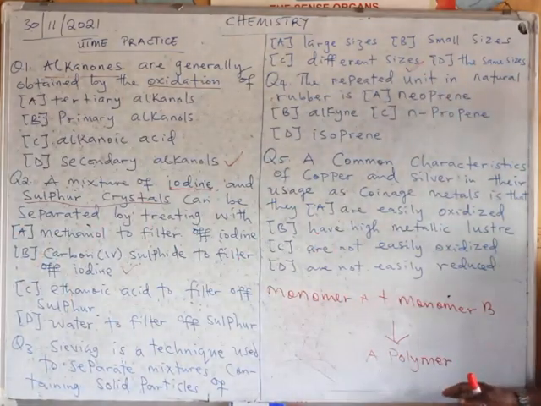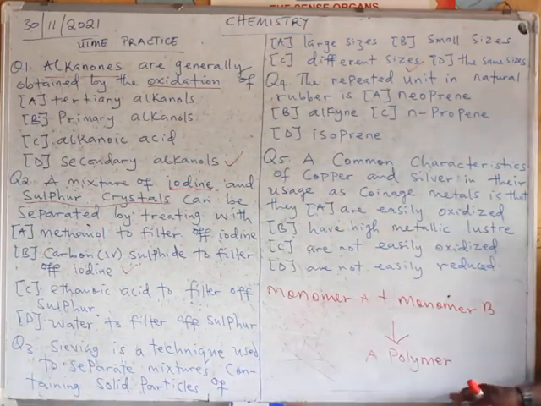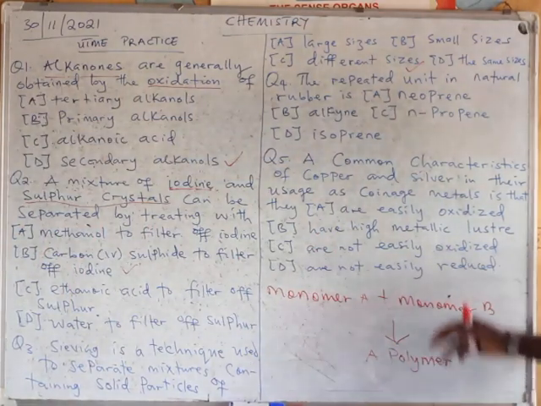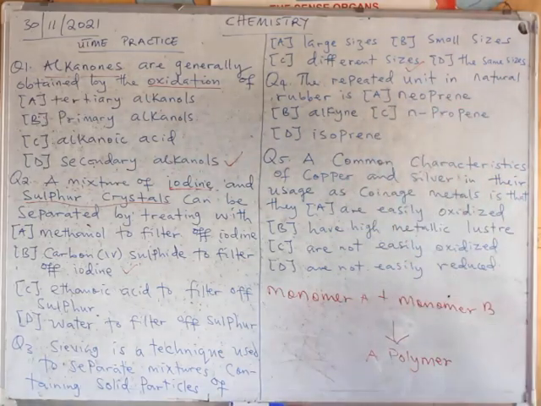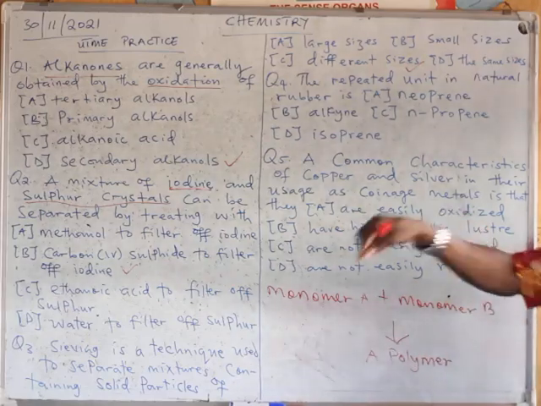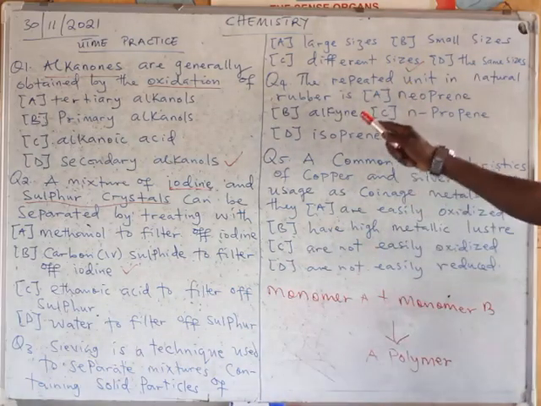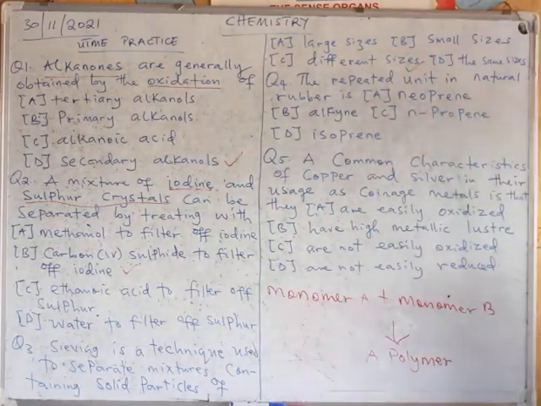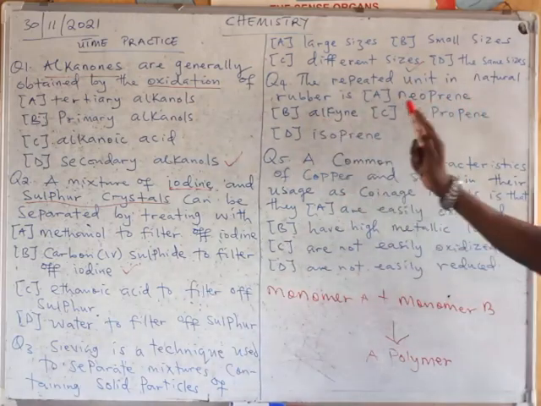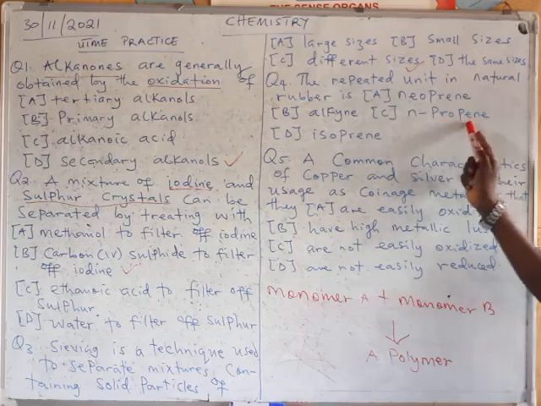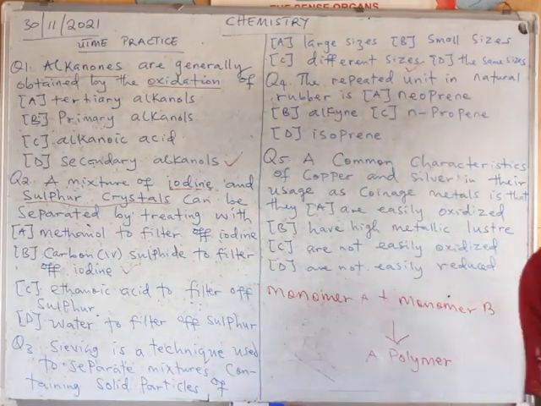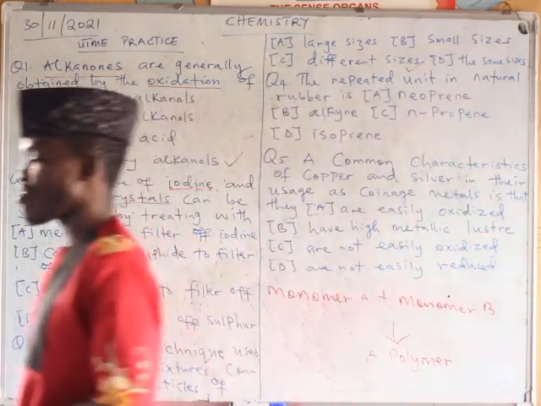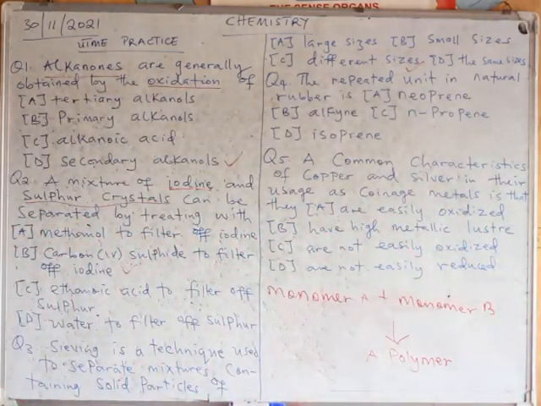Natural rubber is a what? A polymer. So the question is now asking us, which of these options is part of a monomer that forms the polymer natural rubber? Option A says neoprene. Option B, alkyne. Option C, N-propene. And option D, isoprene.